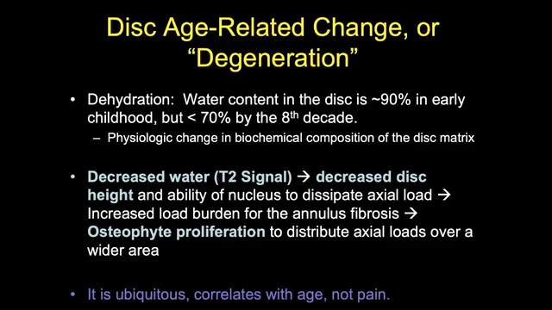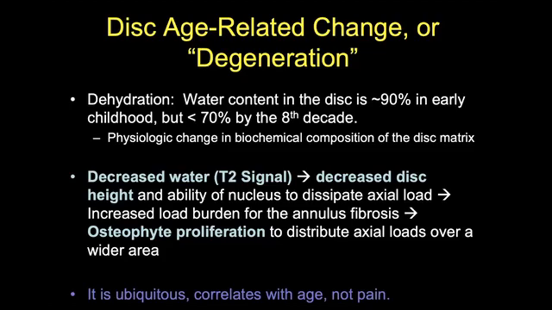And this physiologic change in the biochemical composition of the disc matrix is what's reflected in that water binding capacity that we see on the T2 weighted images. So this decreased water also goes along with decreased height and a diminished ability of the nucleus to dissipate the axial load. And so there's increased load burden of the annulus fibrosis. That leads to osteophyte proliferation and helps to distribute the axial loads over a wider area.